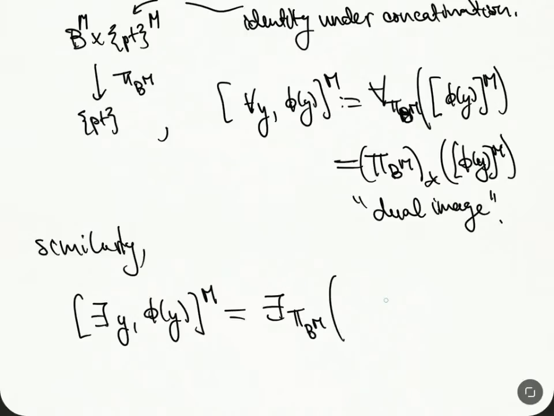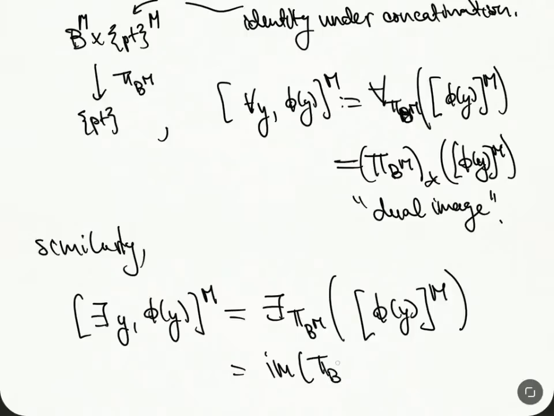So this is this functor applied to, and we're working in sets, this definable subset here, and this is just the image of pi of bm. So what we're really determining is whether or not this thing is empty or not.